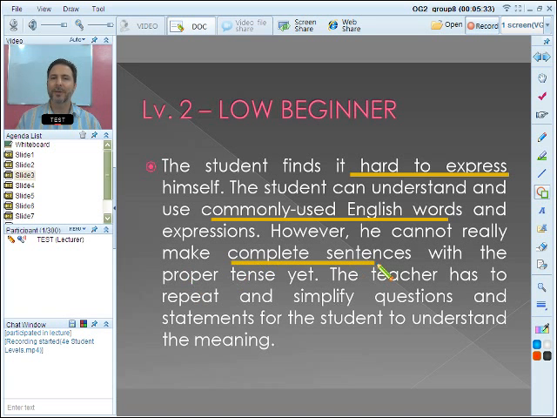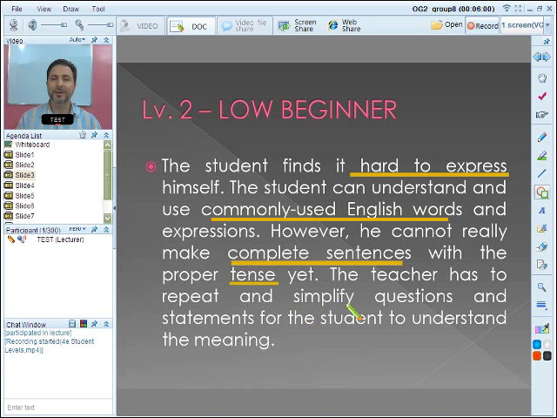They're not really able to make complete sentences, whereas the novice previously really couldn't go beyond words. Here they cannot quite make complete sentences, and certainly the verb tense is going to be off. Talking about the past when they mean the present, talking about the present when they mean the past. I mean, there's going to be some difficulty there.